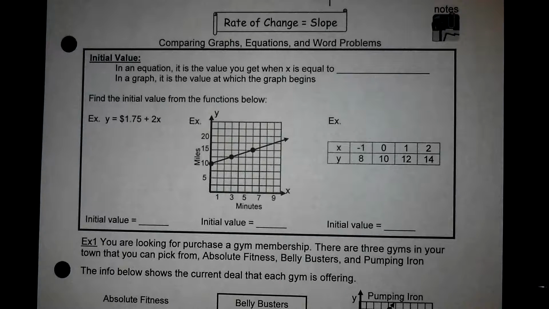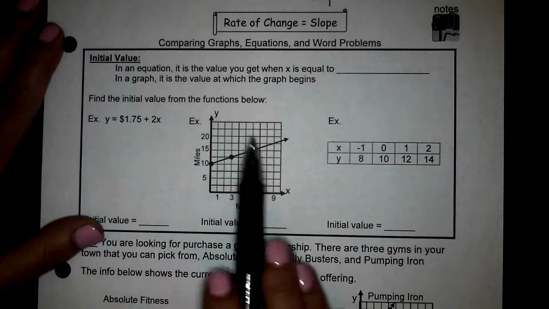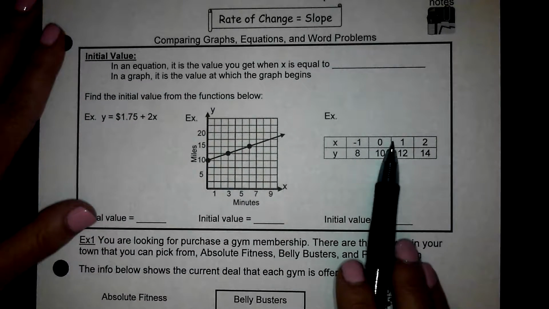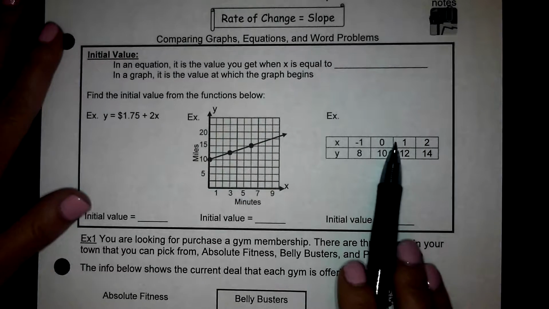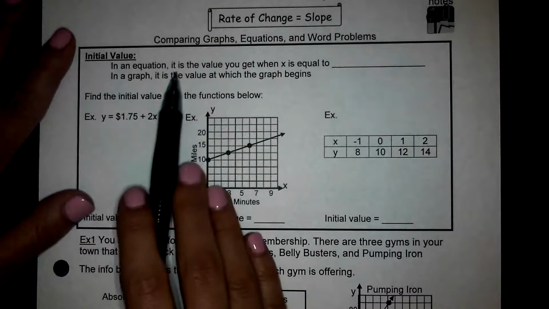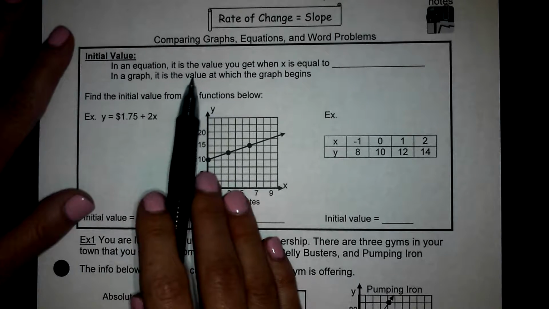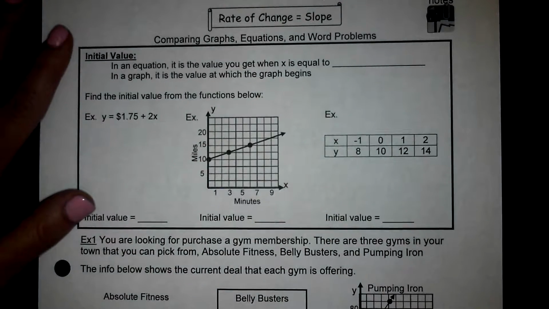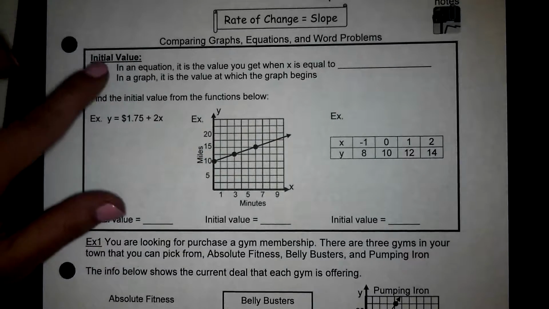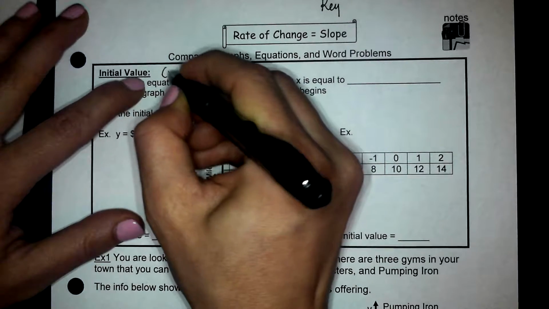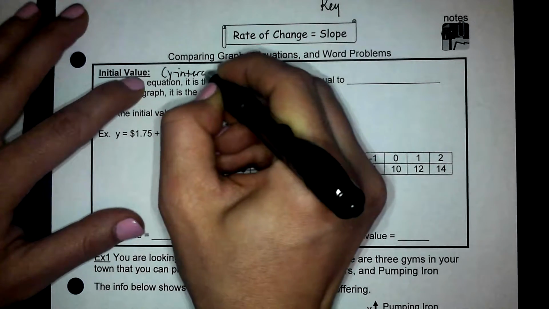Okay, so there's three main ways that we go about looking at these things. We have equations, we have graphs, and we have tables. Now we've talked about slope, we've talked about unit rate, we've talked about how they are the same thing. Today we want to bring in the idea of initial value. Because rate of change is the same thing as slope, we want you to recognize that initial value, or the place where something starts, is the same thing as a y-intercept.